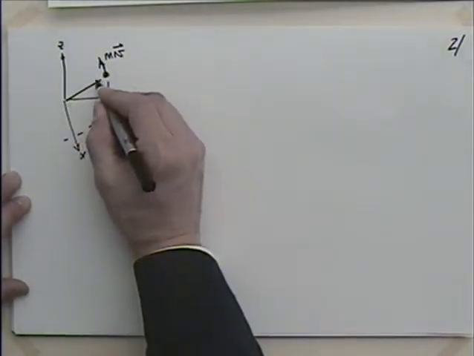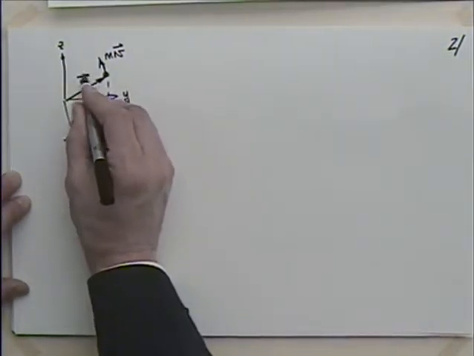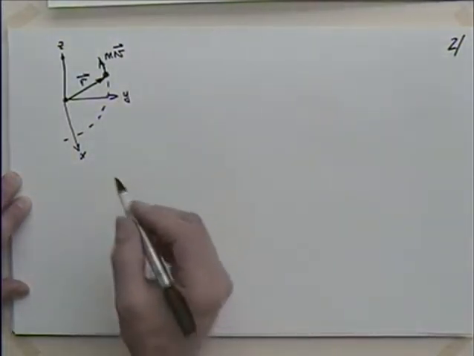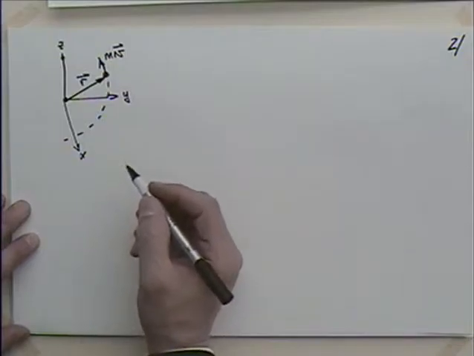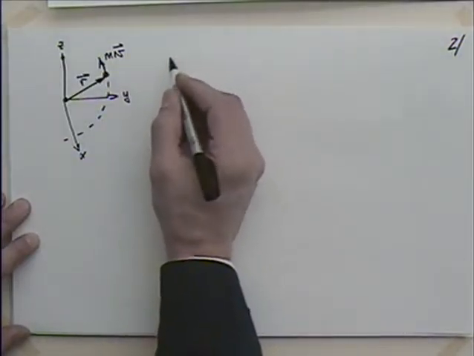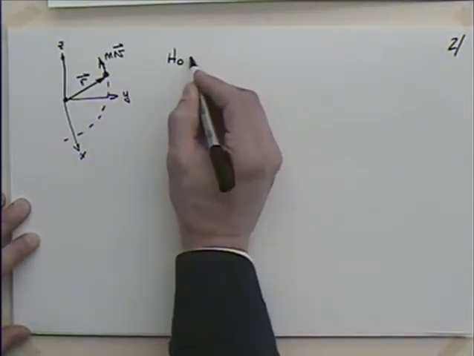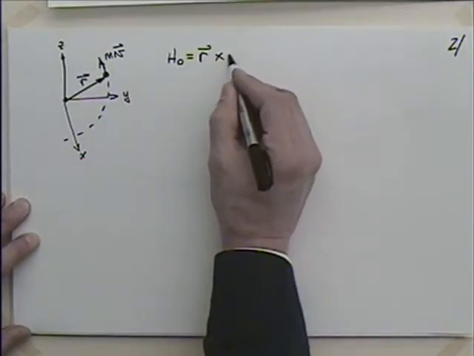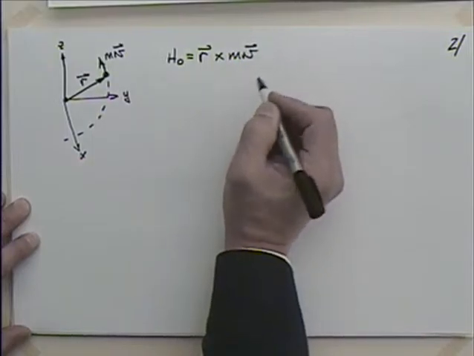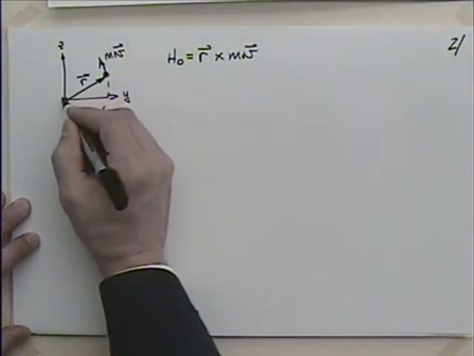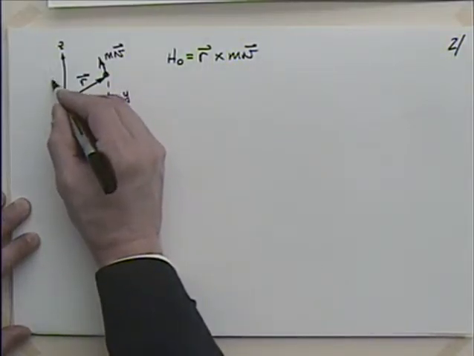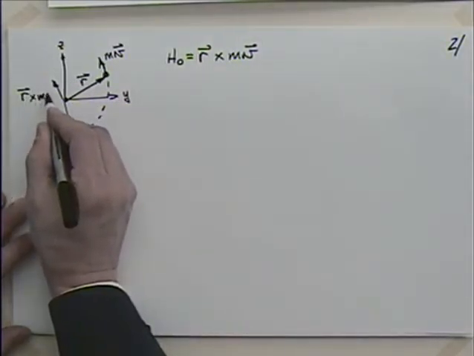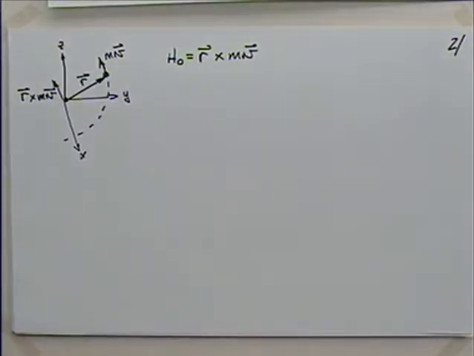And if I define this with some position vector r from the origin of this coordinate system, if I were to take r and cross it with mv, I could say that this term, h naught, is equal to r crossed with that vector mv. That's going to be a mutually perpendicular vector, which would show up out here as r crossed with mv.